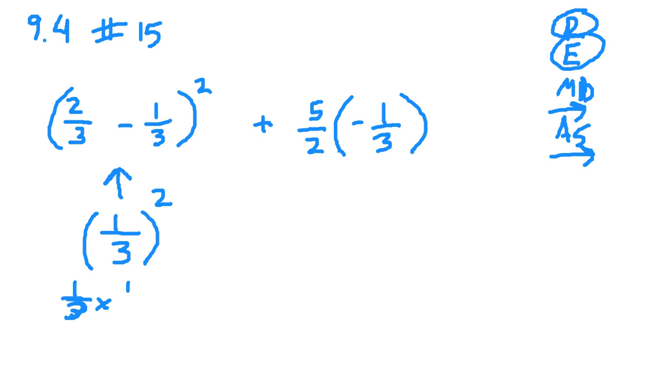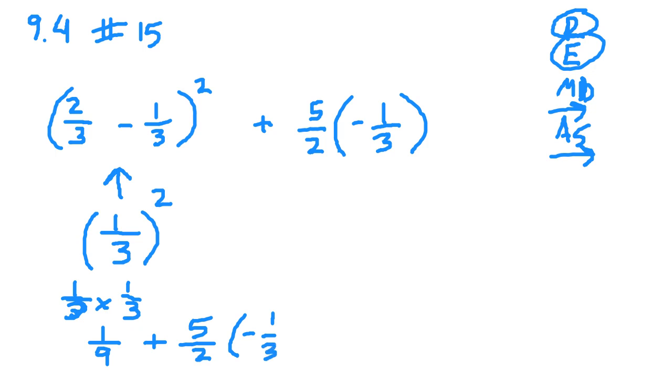So that's 1/9. All right, so now we've got 1/9 plus 5/2 times negative 1/3.